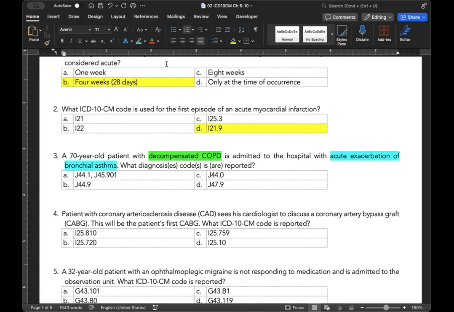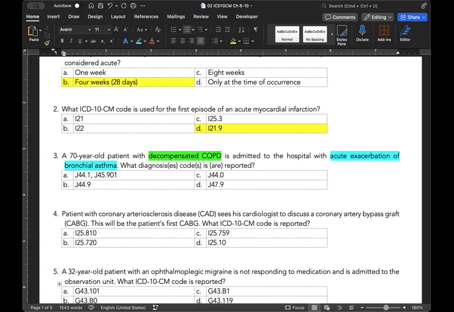Is one going to be included in the other? How do you guys want to approach this one? Okay, so we will look up both the COPD and the asthma.